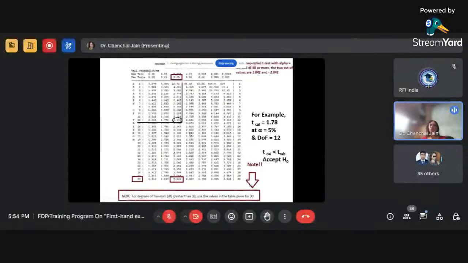Now you can compare your calculated and tabulated values. So 1.78 is less than 2.179, right? So you write here that your t calculated is less than your t tabulated. And if you recall the thumb rule, if this is the case, we are going to accept our null hypothesis. So this is what I have shown you for the manual calculation purpose.